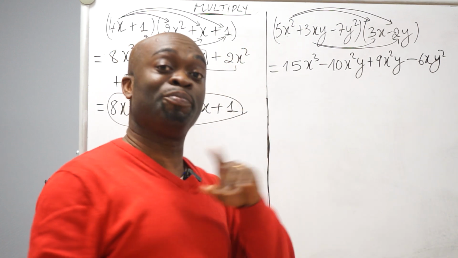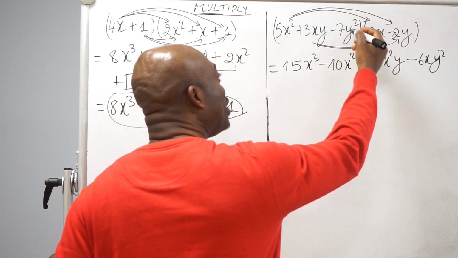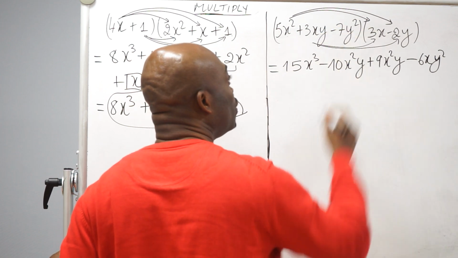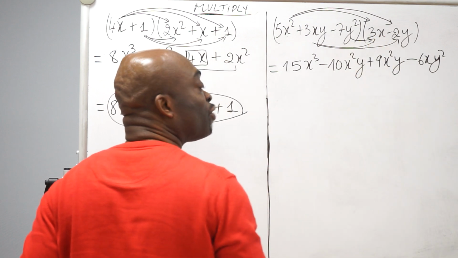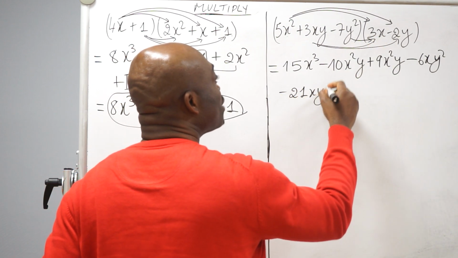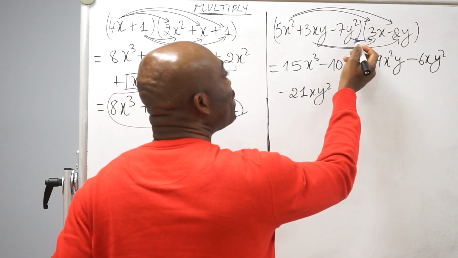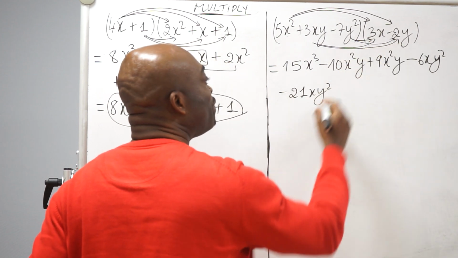Okay? But we're not finished, because remember, we use the first, then the second term, we got to use the last one also. So that's negative 7y squared times 3x, so that would give us what? Negative 21, x then y squared, and then we go negative 7y squared times negative 2y, so that would give us what?